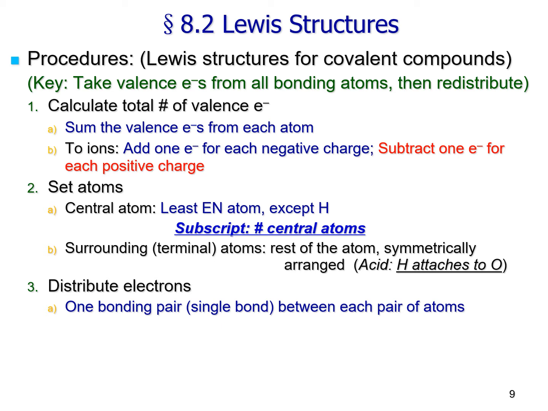Because we just want to let people understand those atoms are chemically bonded. By what kind of bond? Covalent bond. Whether that bond is sufficient, that's something we are going to deal with later. But we give each pair of bonding atoms a single bond to let people know they are chemically bonded in this molecule.